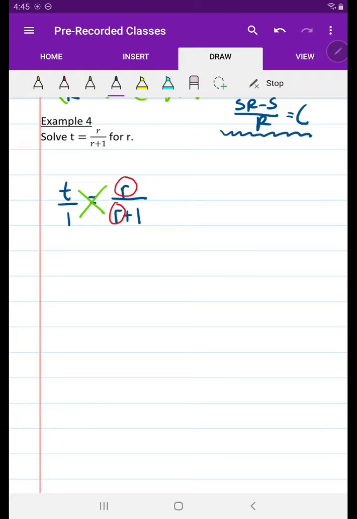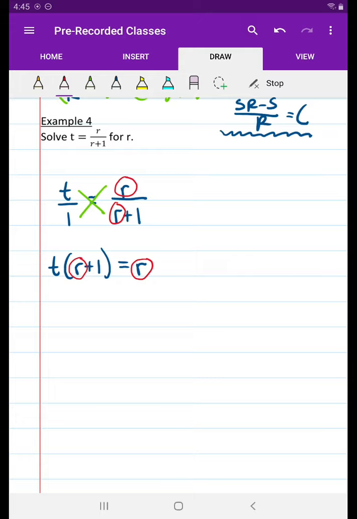So if I cross multiply, I have t times r plus 1 equals r. Well, we got rid of our denominators, which is really nice. But now the tricky thing is r is on two sides of the equation. So what we want to do, ultimately, is we want to have everything with r on one side of the equation.